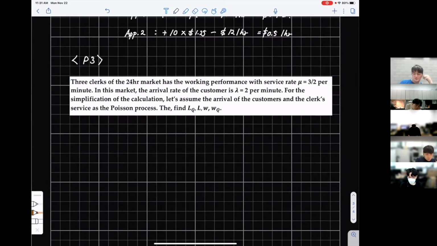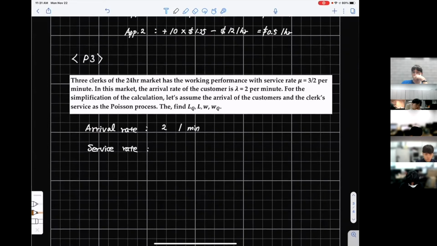The arrival rate is 2 per minute, and the service rate is 1.5 per minute.